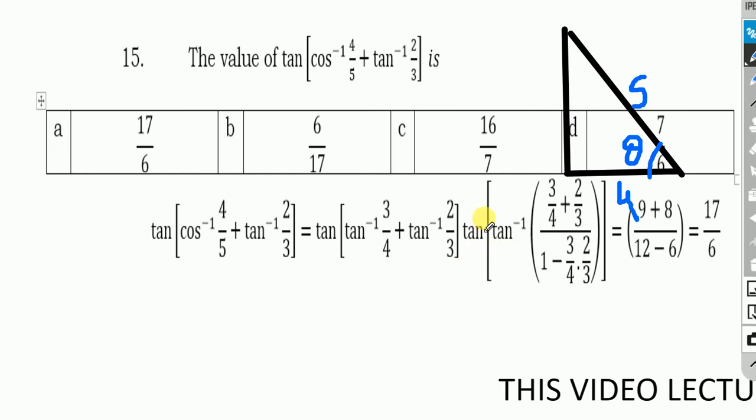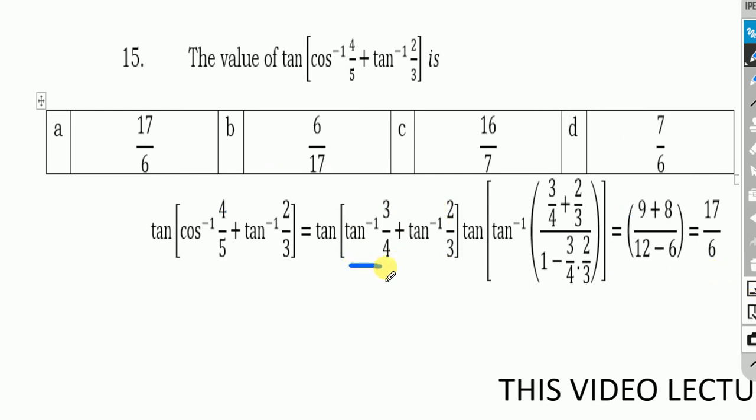So 5 square minus 4 square, that is 25 minus 16 is 9 and square root of 9 is 3 here. Now cos inverse of 4 by 5 is nothing but tan inverse of 3 by 4. So instead of cos inverse of 4 by 5, we can write tan inverse of 3 by 4 plus tan inverse of 2 by 3 as it is here.